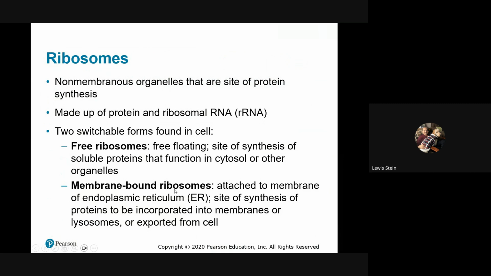Membrane-bound ones really have three different distinctions, and you'll see this down the road. They're either made to go into vesicles. Those vesicles are either going to take their place inside the cell as a freestanding unit, or those vesicles, like you saw in the animation, are going to be exocytosed. Basically, the materials inside will be spit out, and the vesicle membrane will be incorporated with the cell membrane.